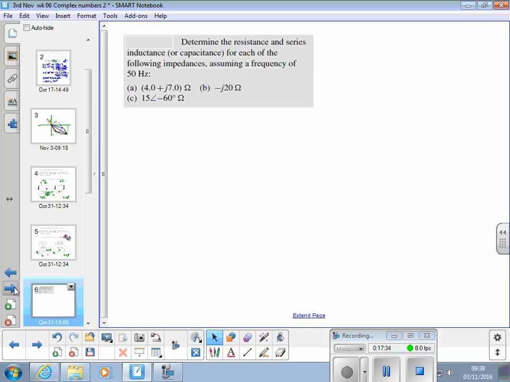First of all, we've got A, where Z is equal to 4 plus 7j ohms. Let's draw a little diagram.